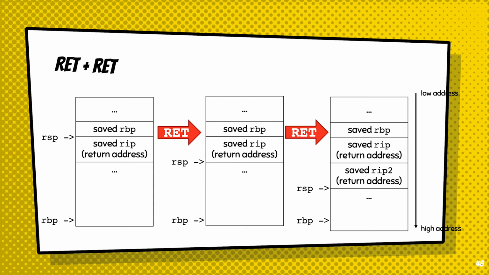And then, when the return instruction is called again, RSP will be popped up again, and then the next value will be assigned to RIP again. So the value that is stored next to the saved RIP, which I call saved RIP2, will be the next return address if we do 2 returns together.